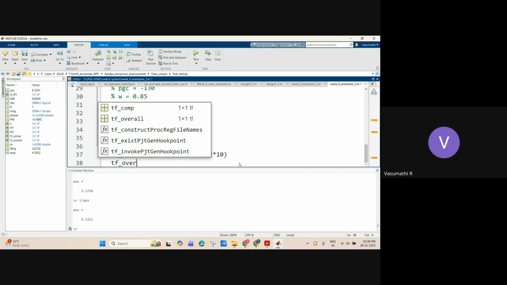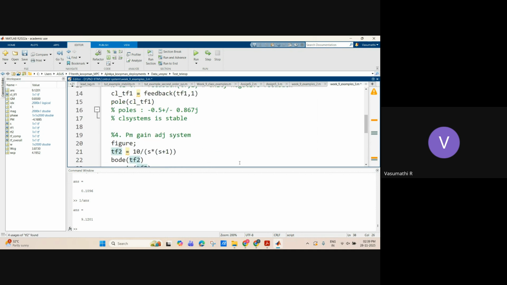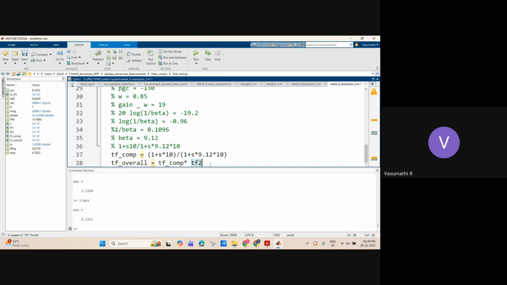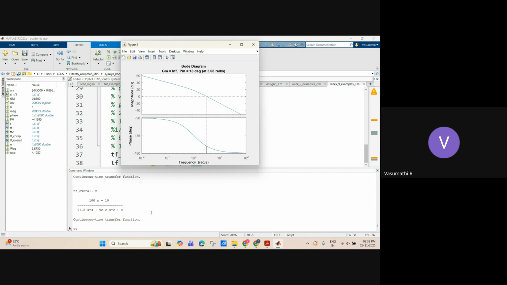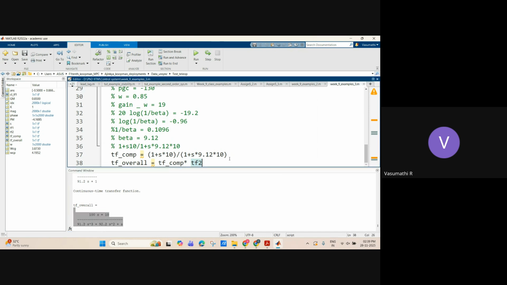TF overall will give me TF compensated into my gain compensated system, not the first one. TF2 I'm taking. This is the compensated transfer function along with the original system.